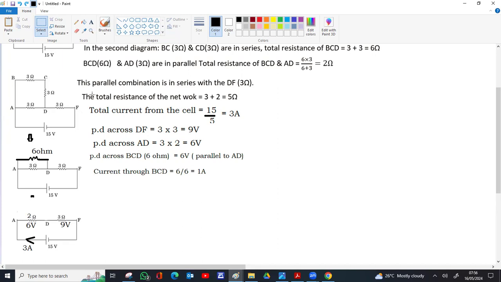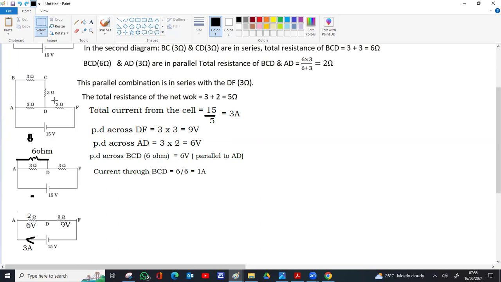And this 6 ohm, which is BCD, if you check, that is series combination of BC and CD, the 2 3 ohms. Since the 6 ohm carries 1 ampere current, the series combination which gives 6 ohm, 3 and 3, BC and CD, also will have 1 ampere current, same current. In series, current remains the same.